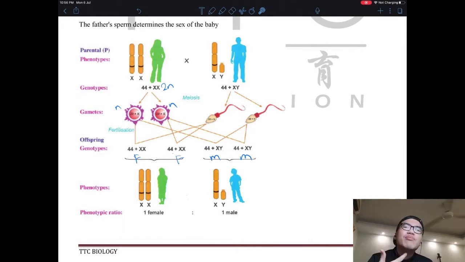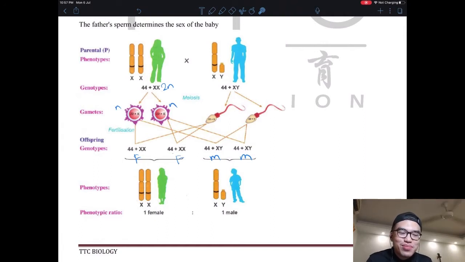Don't believe in all this, oh, you eat this and that, it increases the chances of this and that. No, this is a coin flip. Those success stories are told by people who are successful because they got the gender they wanted, and you didn't hear from the other half which failed, who didn't get the gender they wanted.